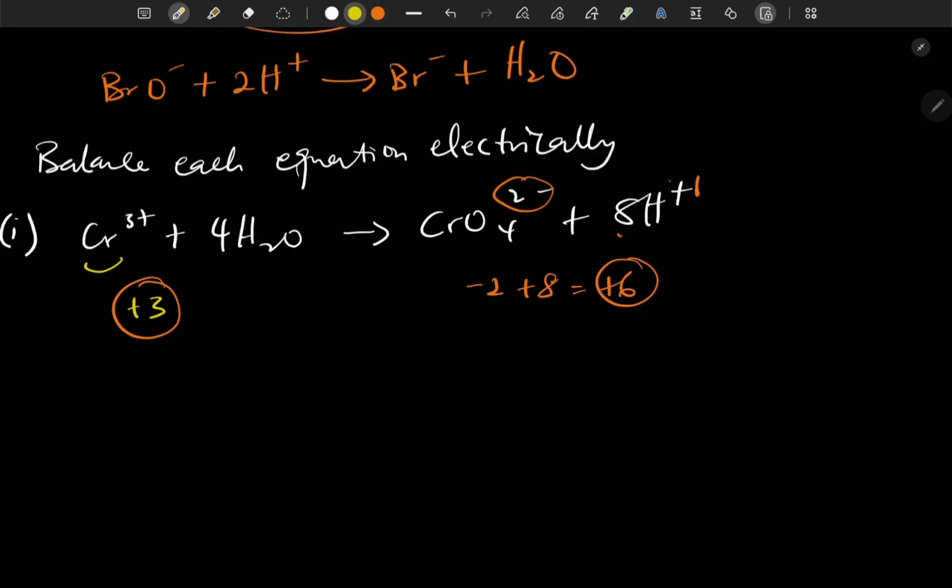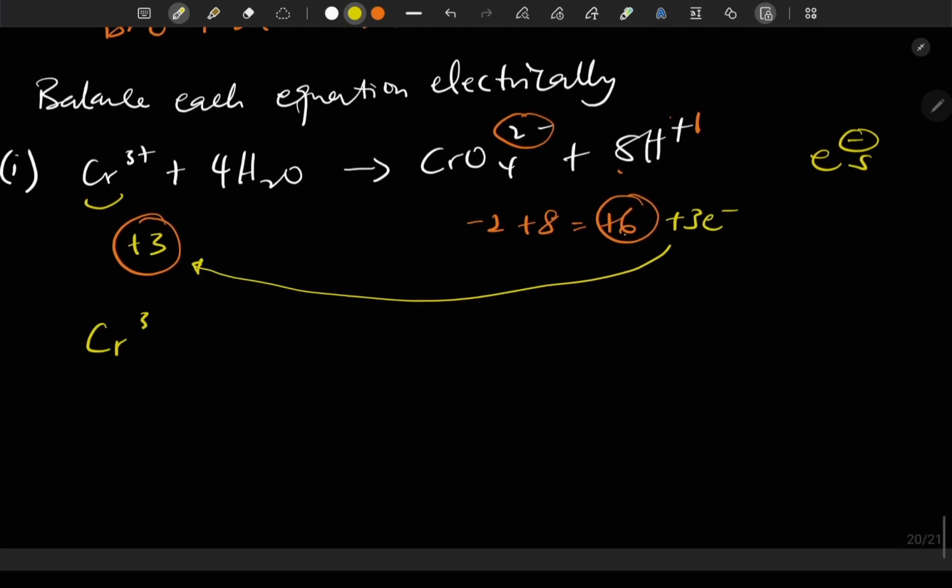So we have to add electrons to one side of the equation, and remember that electrons are negatively charged, which means we have to add electrons to the side that is more positive to reduce it to +3. So how many electrons are we going to add? We are going to add 3 electrons to the right hand side, because +6 minus 3 will give us +3.